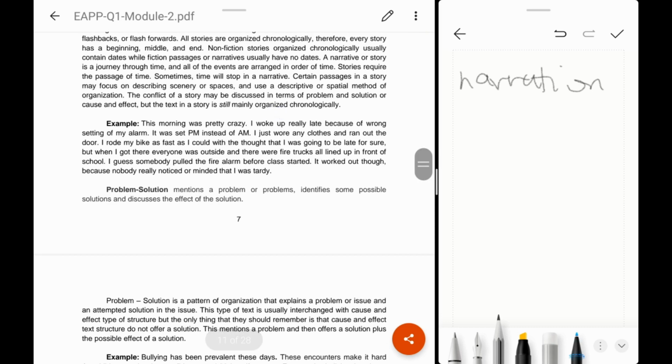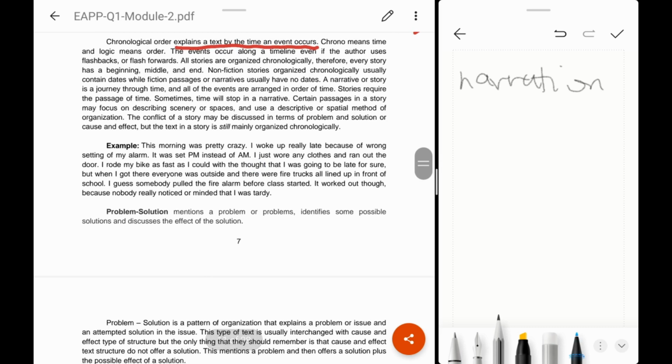Okay. Certain passages in a story may focus on describing scenery or spaces and use a descriptive or spatial method of organization. This is what I'm telling you a while ago, that although a text is following a chronological or narration text structure, it can still have in it a descriptive or spatial pattern.